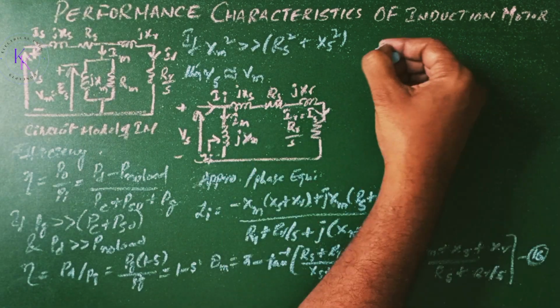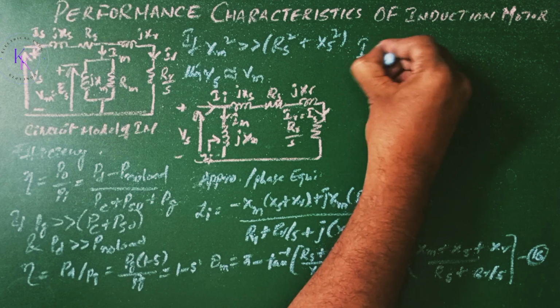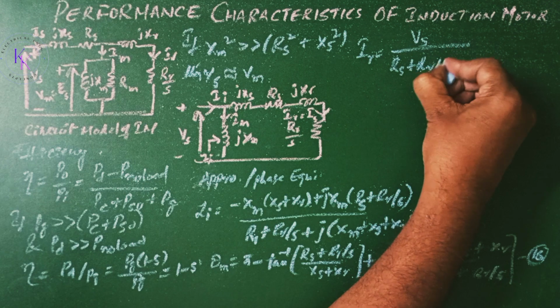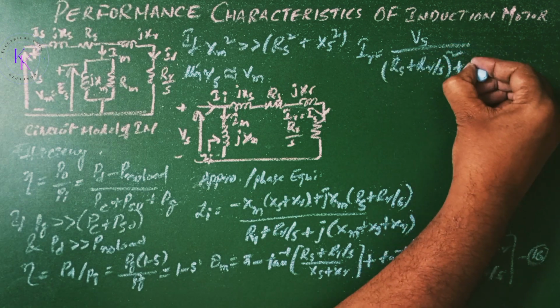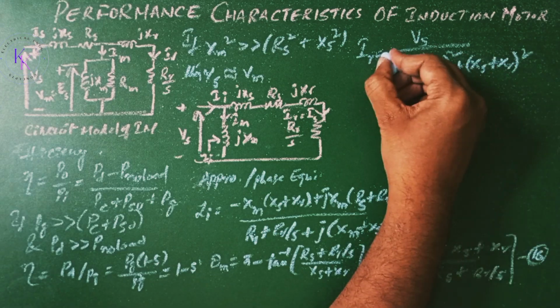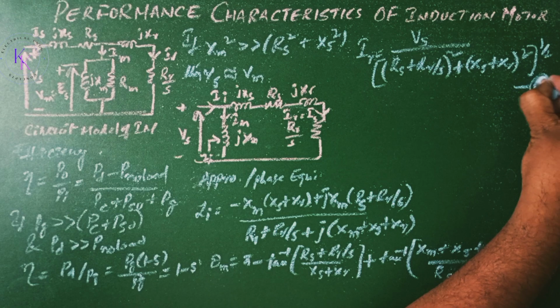Now from this circuit, the rotor RMS current IR is given by Vs divided by the square root of Rs plus Rr by S whole square plus Xs plus Xr whole square. That is equation number 17.